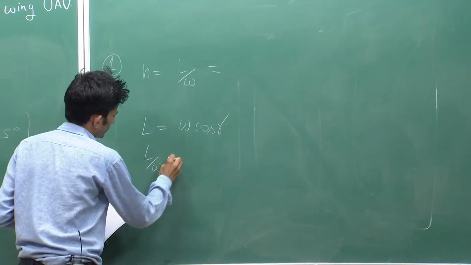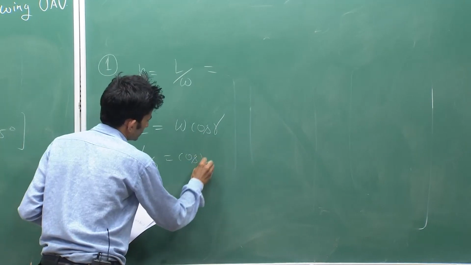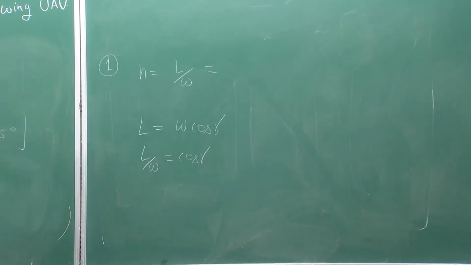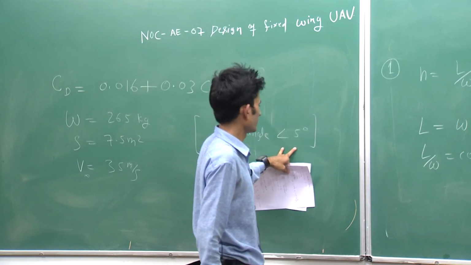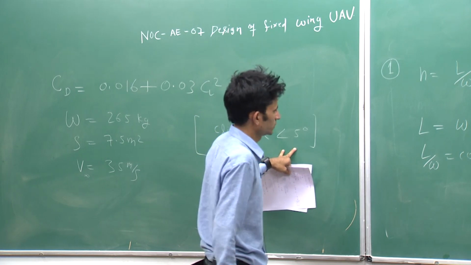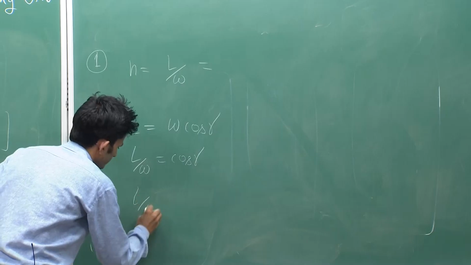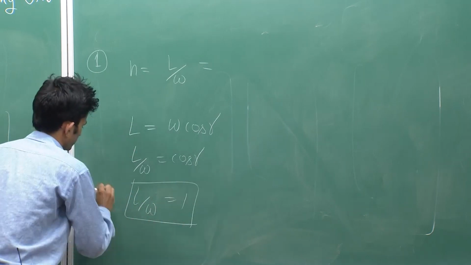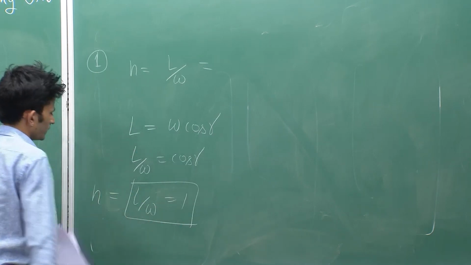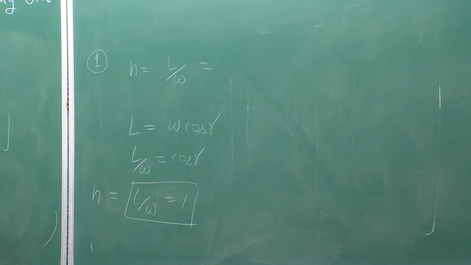So lift by weight equals cos gamma, but you know the climb angle is given as less than 5 degrees. So your cos gamma is approximated as 1 and sin gamma is approximated as 0. So cos gamma will be 1, and your answer will be 1.